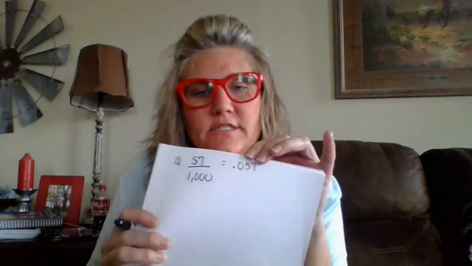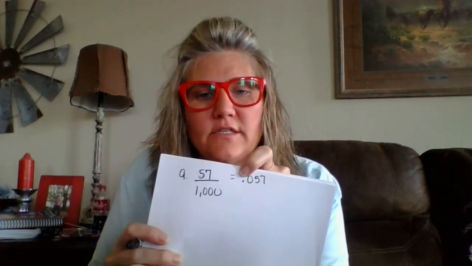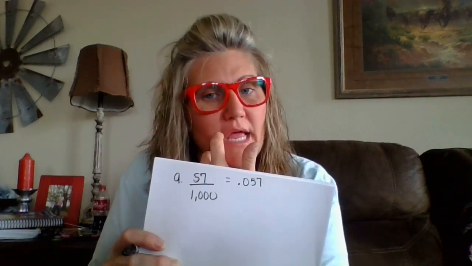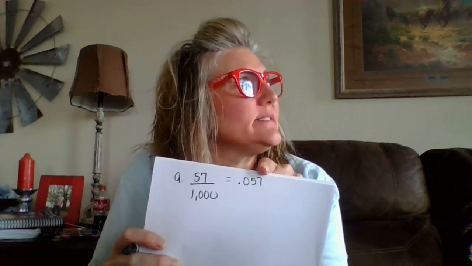So do I have anything in my tenths place? No. So it goes 0.057. You have to think of the place value. You have your decimal, the tenths place, the hundredths place, and the thousandths place. Okay? So this is how you would write this.